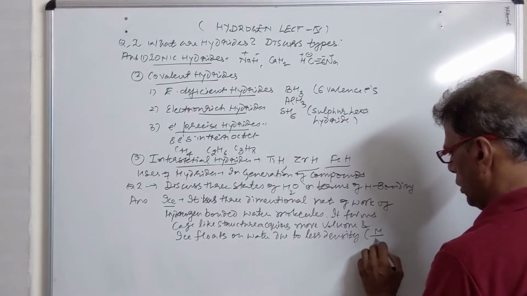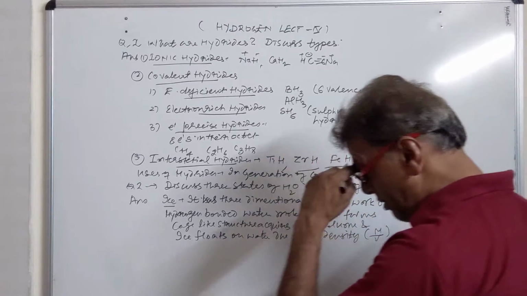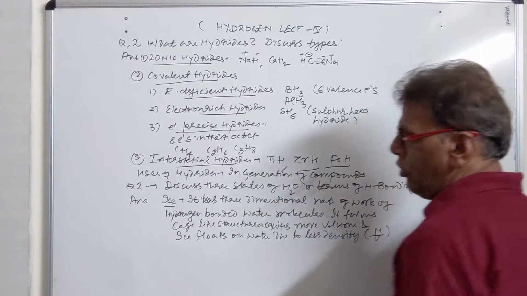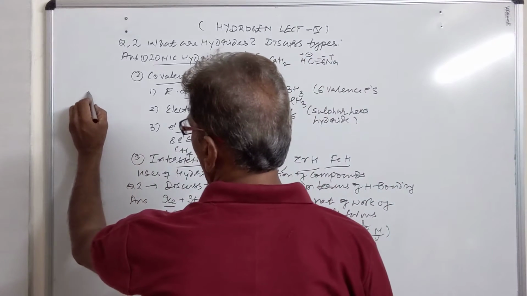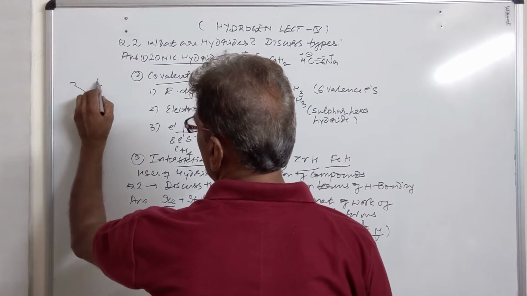Density is equal to mass upon volume. Volume is more, therefore density will decrease in this case. So its structure is a tetrahedral covalent network of water molecules.